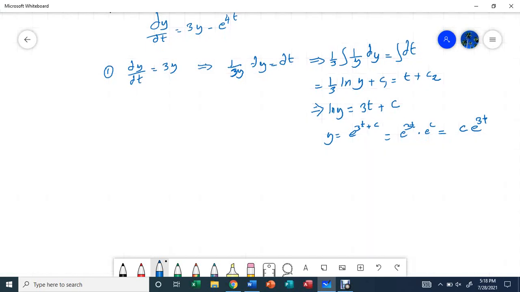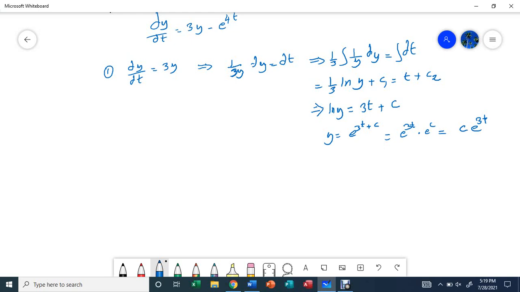Now my b(t) is in the form of an exponential function, e to the 4t, so my guess will be a times e to the 4t.